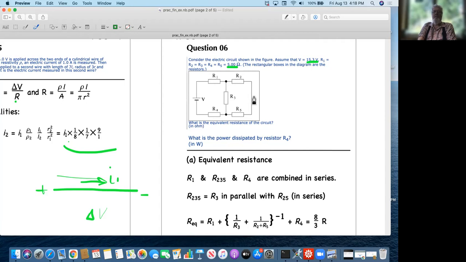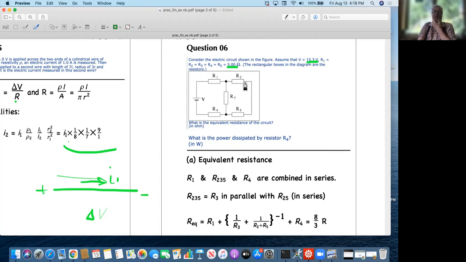So R2 and R5 are in series. And so the equivalent resistance of 2 and 5 is R2 plus R5.